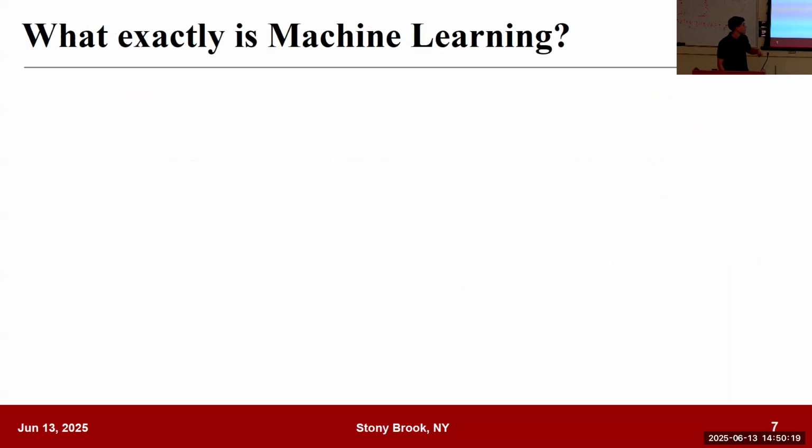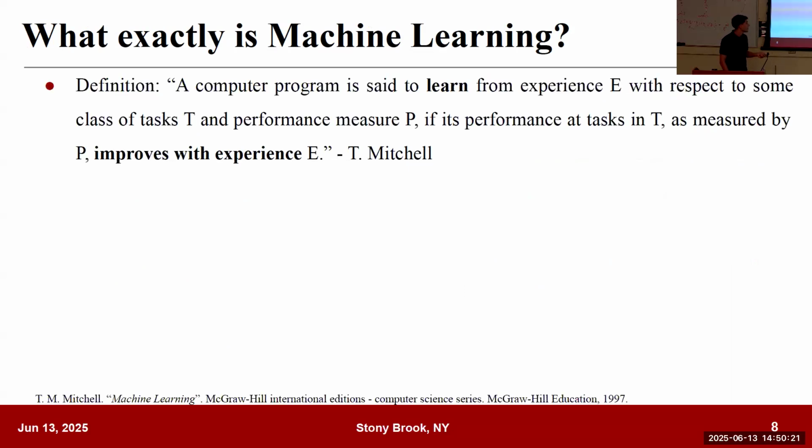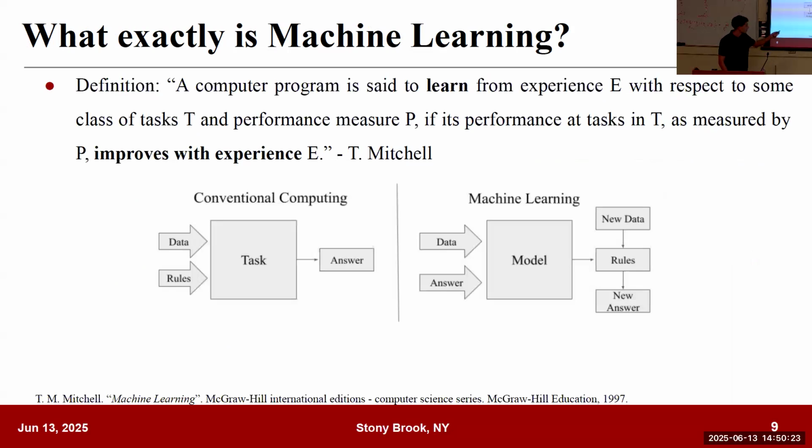So to begin with, what exactly is machine learning? I have a definition and a nice picture for you, but in essence, machine learning is what we use to try to make the computer think as a human. So we try as best as we can to make the computer learn from experience, to mimic the human behavior of learning from experience.